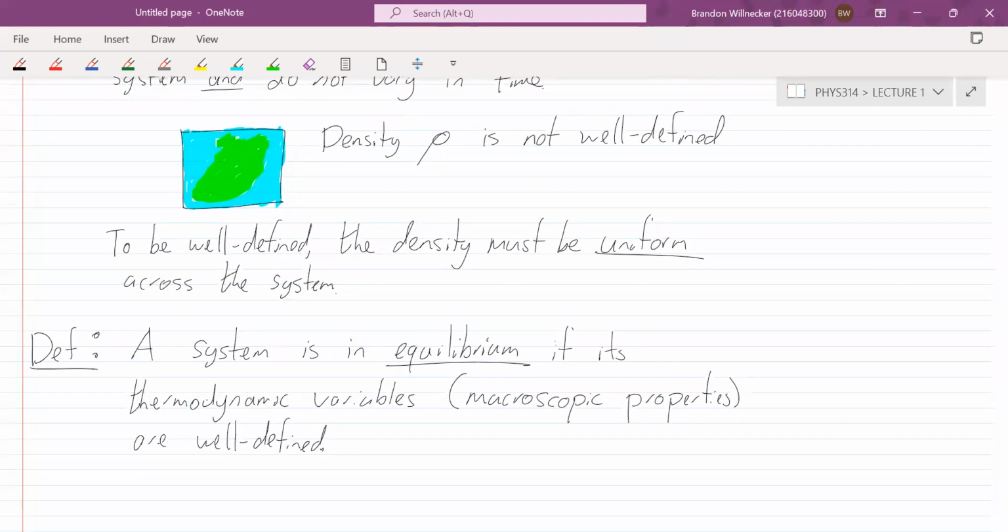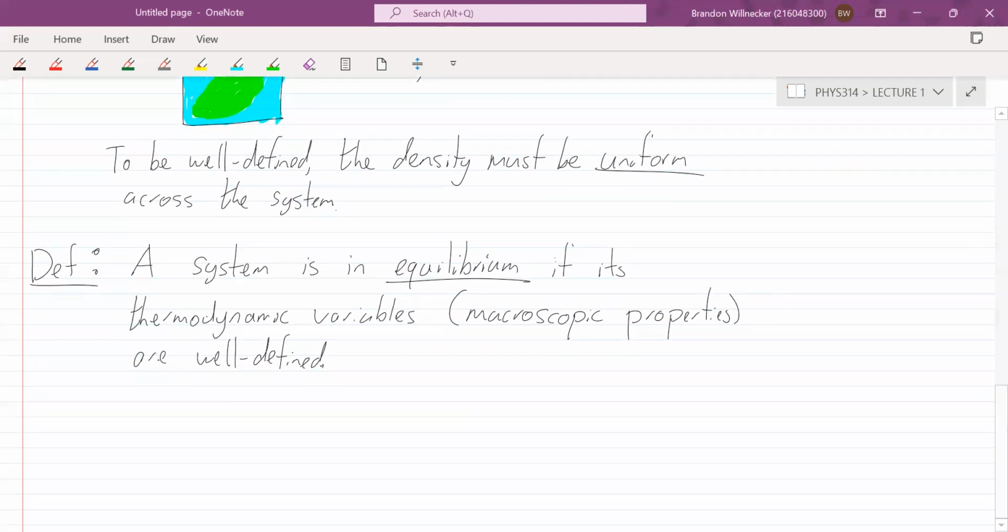We need all of the thermodynamic variables to be in equilibrium. I hope that answers your question there. Some of those variables might be intensive, some of them might be extensive, all of them must be well-defined, and then we can say the system is in equilibrium.